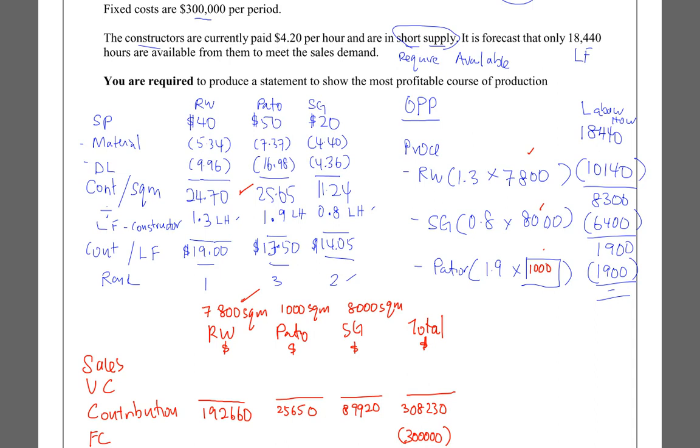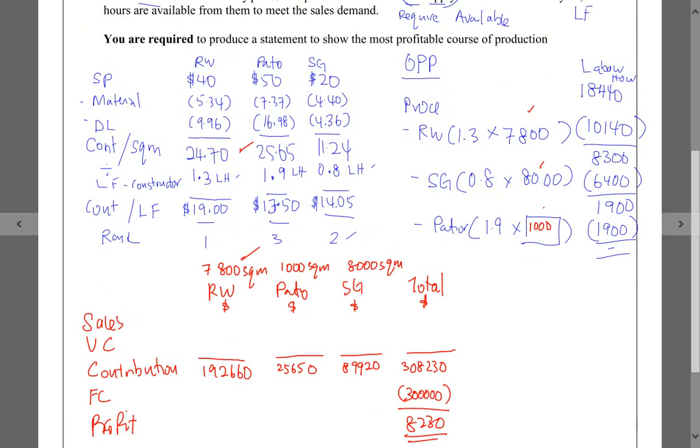The one we just did: saving per unit, saving per limiting factor. So OPP, we will produce. If unable to produce, then we will make. Can you see the difference here? Here, contribution per unit, then OPP. If unable to produce, too bad. Cannot buy to sell. We are not buying to sell. So this is how many units we can produce to sell. Unable to produce, can't produce any.